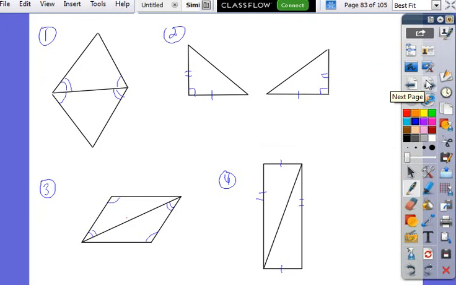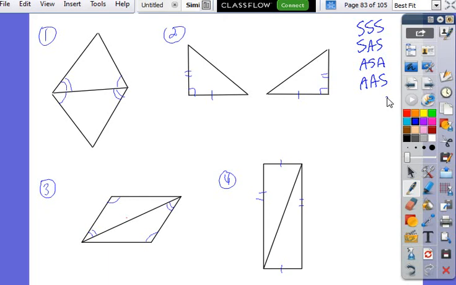All right. What we're trying to do here is figure out which one of those four rules it's got to be. Now, here are the four rules again. What you need to do first on every one of these problems is see if there's something that you can mark as being congruent that is not already marked.